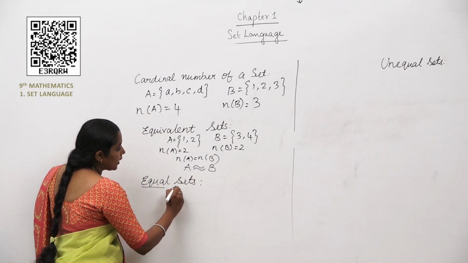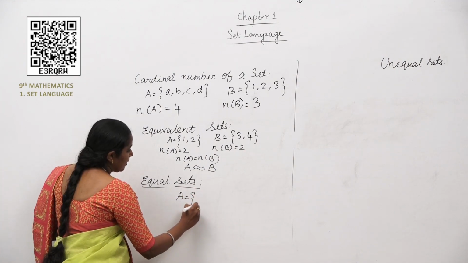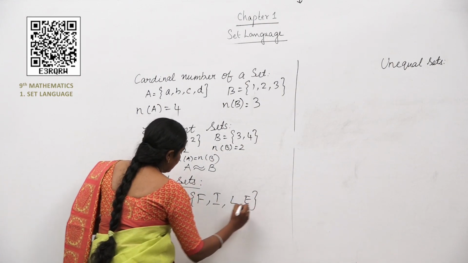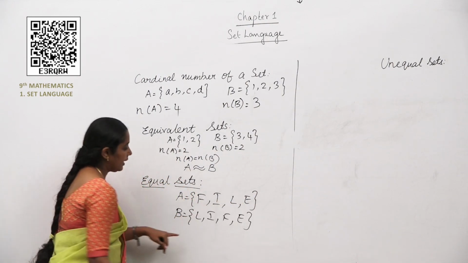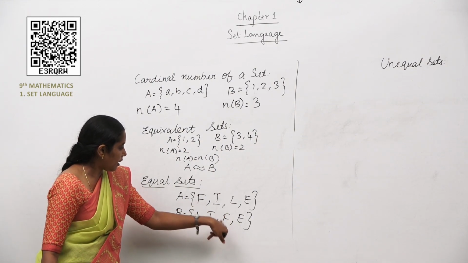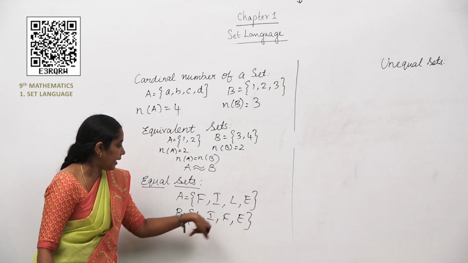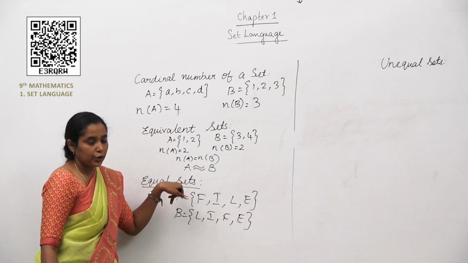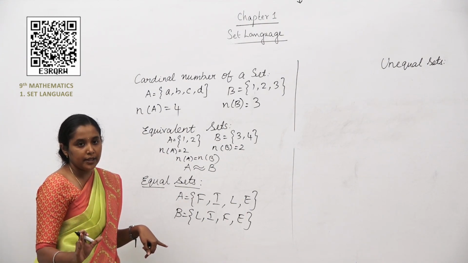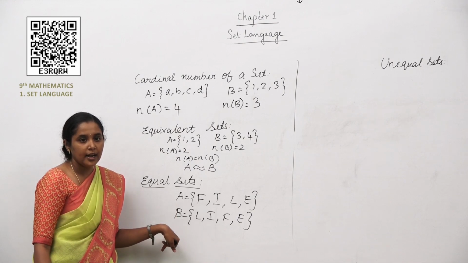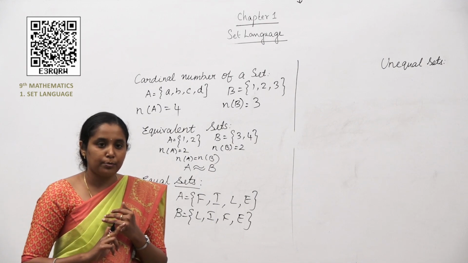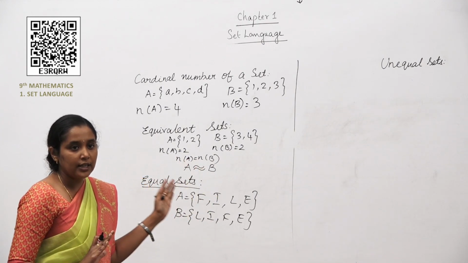Next one, equal sets. A is equal to {F, I, L, E}, B is equal to {L, I, F, E}. So here F is there, and here also you have F, I, L, E. Suppose you are taking 2 sets A and B, exactly the same elements should be there and the number of elements also should be the same.